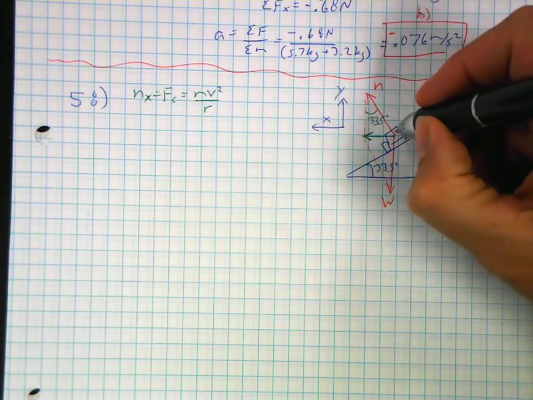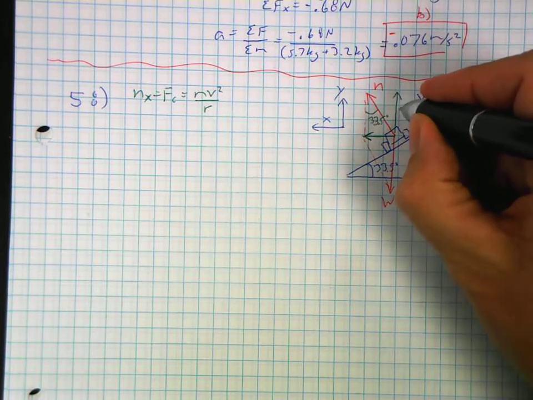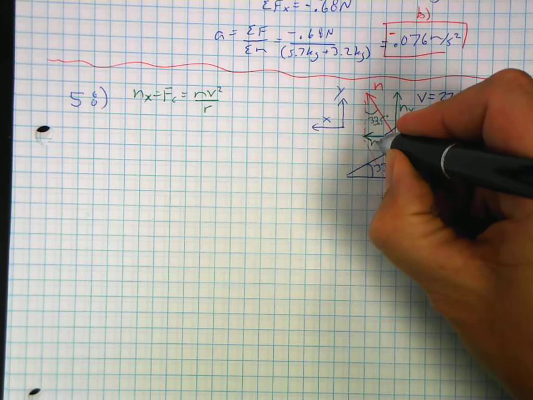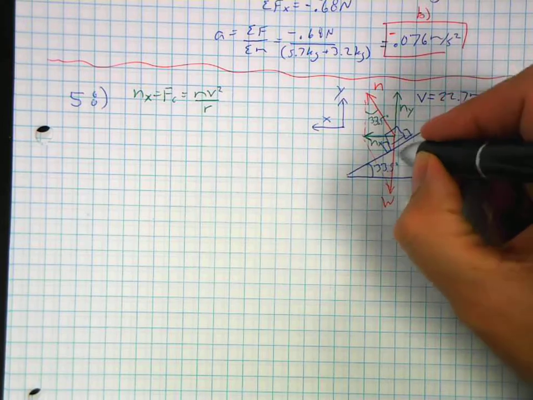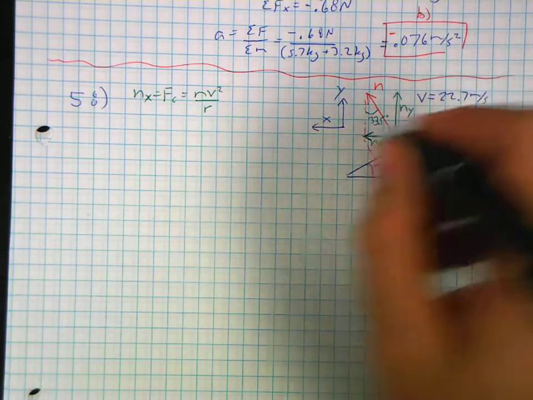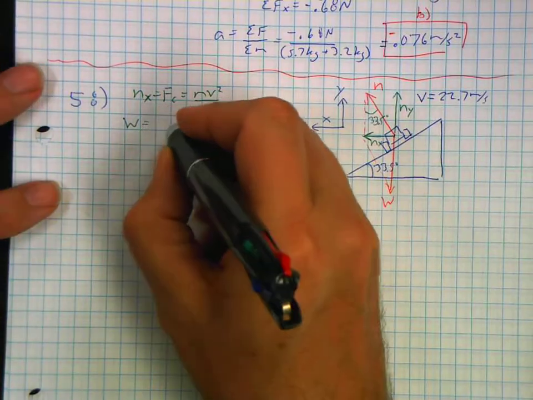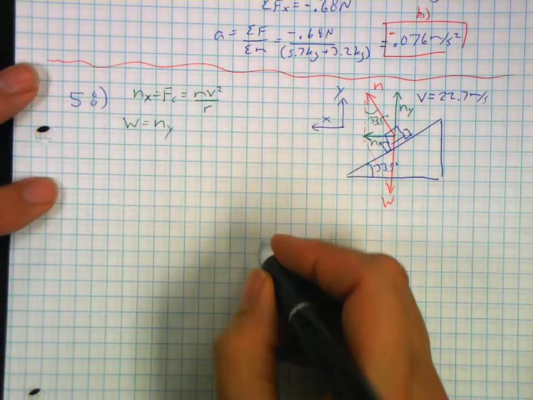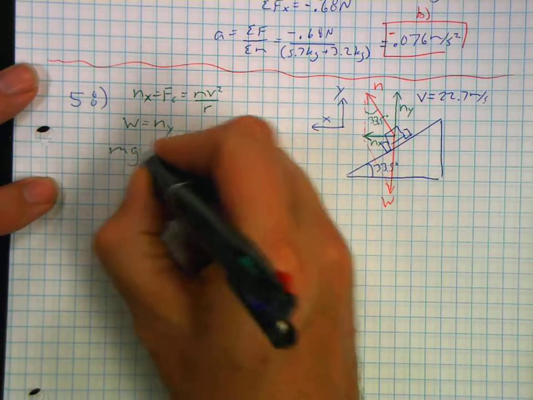That means that this here is the component of the normal force in the Y direction, and this is the normal force in the X direction. The normal force in the Y direction is, of course, equal to the weight. The weight is equal to the mass times gravity.